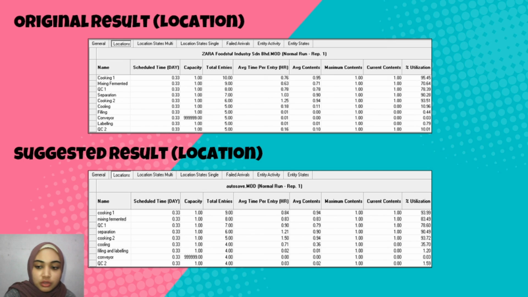For cooking two we also increase to 93.72, and then the cooling process is 35.70. The filling and labeling process is 1.20, and then the conveyor is 0.03, and the last utilization is for QC2, which is 1.59. Okay, so that's all for me. Thank you.